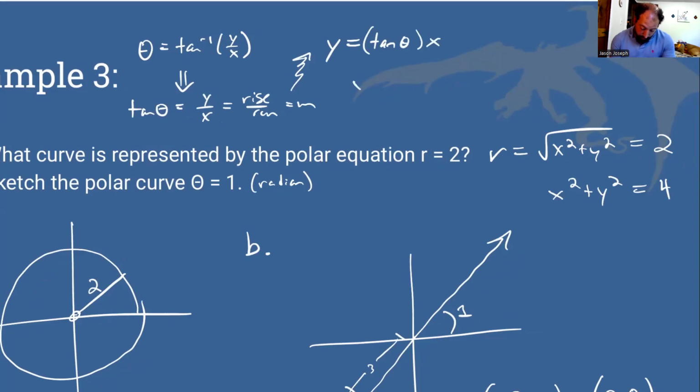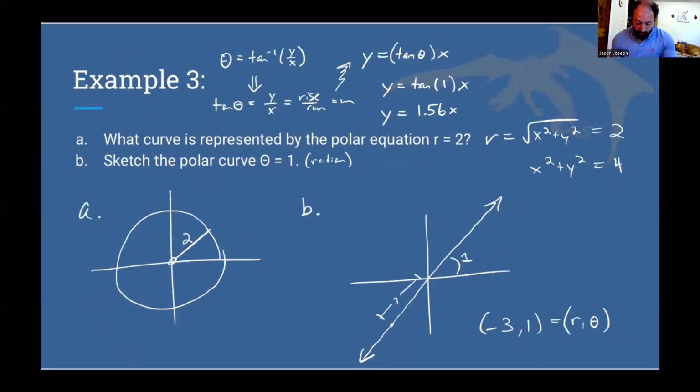In this case, it'd be y equals tangent of 1 times x. Tangent of 1 is roughly 1.56. So that would be an equation for the line.